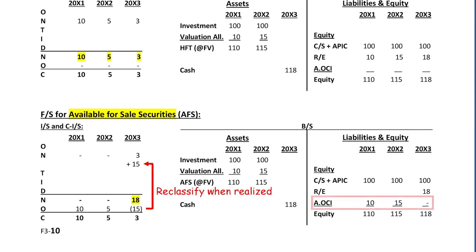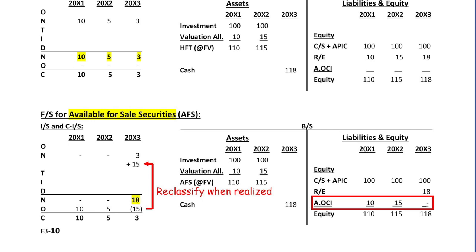And put a box around accumulated OCI and its numbers. So if you see, accumulated OCI in year 1 has $10. In year 2, it increases to 15. So guys, 10 in year 1 plus 5 in year 2, the accumulated OCI number becomes 15.